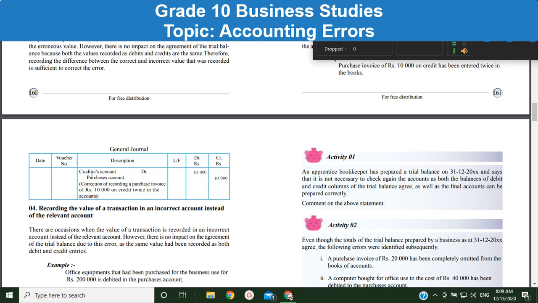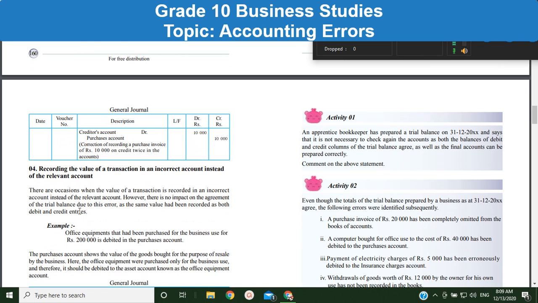It's given here in the general journal: creditors account 10,000, purchase account 10,000. Then narration: correction of recording the purchase invoice of rupees 10,000 on credit twice in the accounts. So two times you entered, now one time is corrected.